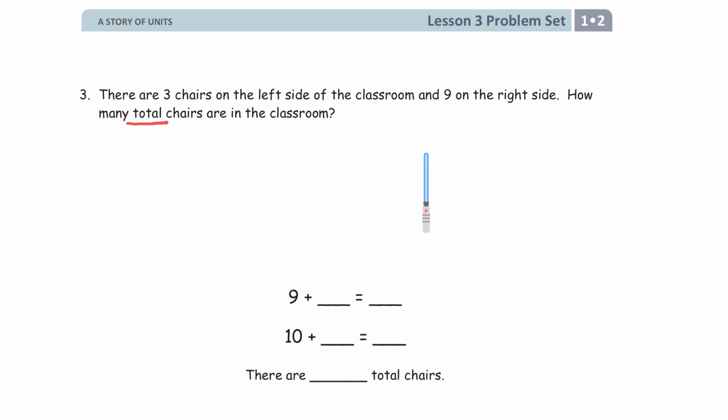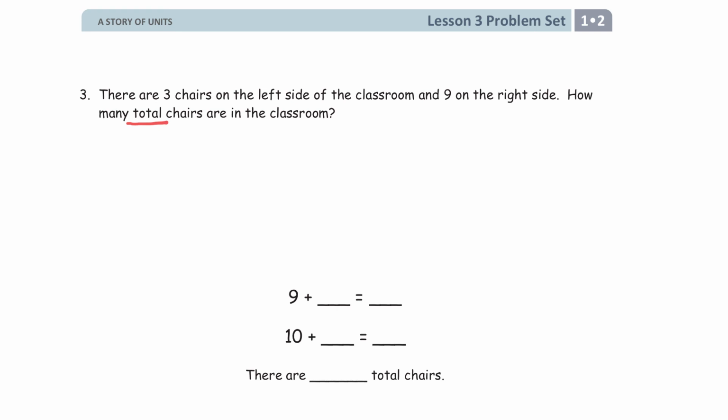And then whatever number we have left outside of that group of 10, we're going to add in right here. So it'll be 10 plus however many are left equals our total. And then there are total chairs. So those two answers will be the same. Go ahead and pause the video right here and finish this problem.